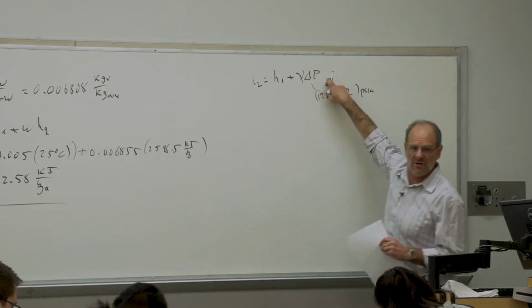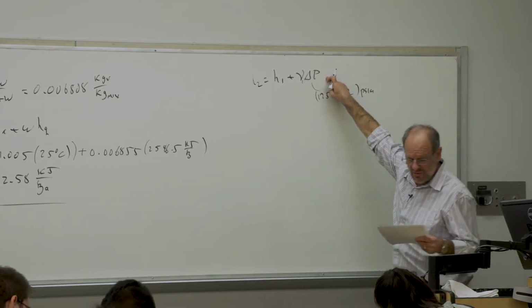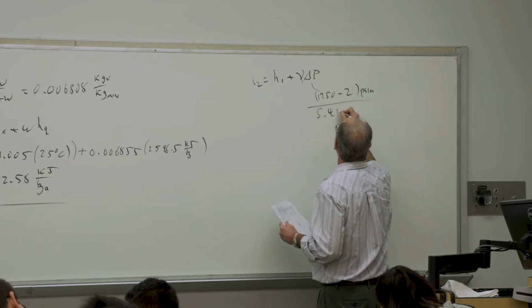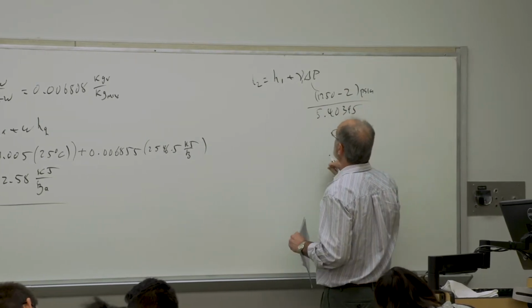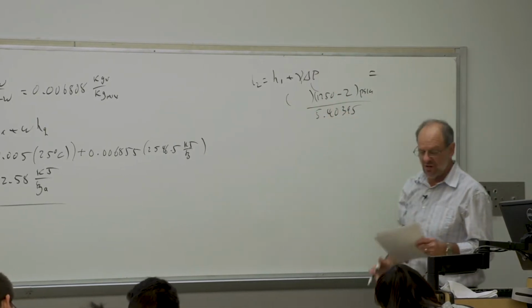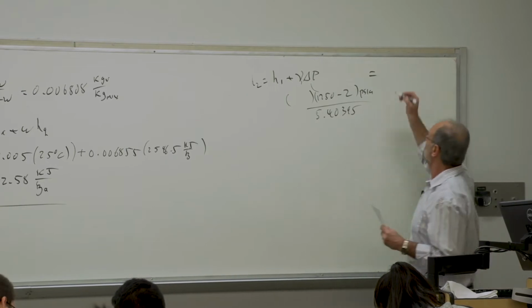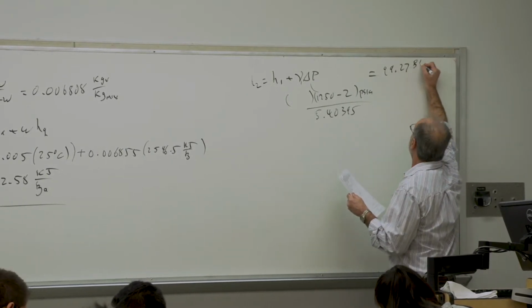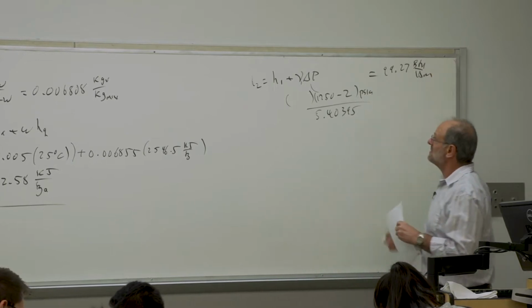We would have psi times feet cubed, so we have to convert it into BTUs. We definitely also need to divide by 5.40395. The specific volume, again, I gave it to you, so I'm not going to write it down. Go through our math, and we end up with 99.27 BTUs per pound mass.